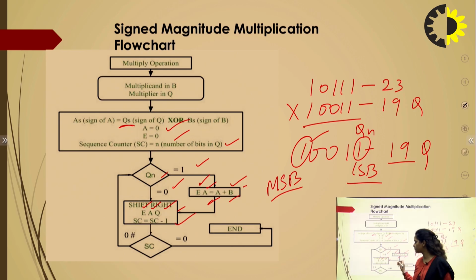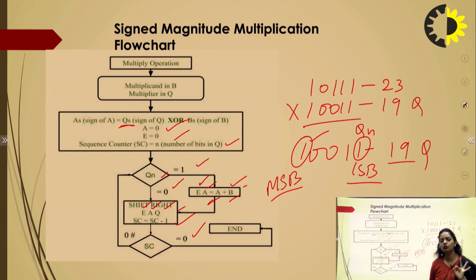Then we have to decrement the sequence counter by 1 so as to move towards the next step. We proceed until the value of the sequence counter reaches 0. Suppose the value of SC is 5, then we have to perform it until we reach 0, that is 5 times. And at the 6th iteration, with the value 0, we stop our algorithm and obtain our result.